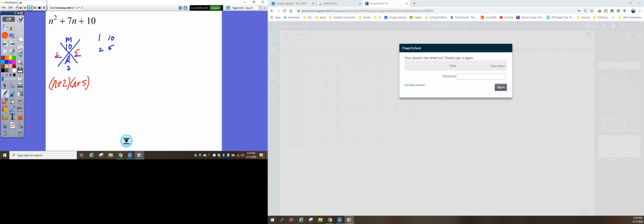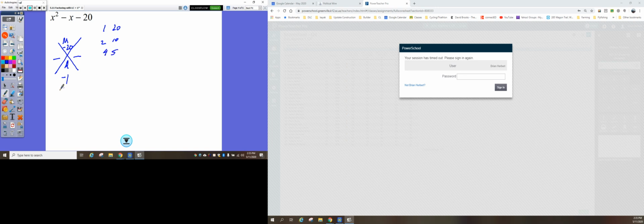All right, one more example. So again, draw up the organizer. And we have two numbers that multiply to negative 20 and add to, what's that middle term? What's that number in front of the x? 1. So negative 1. So again, my factors of 20: 1 and 20, 2 and 10, 4 and 5.